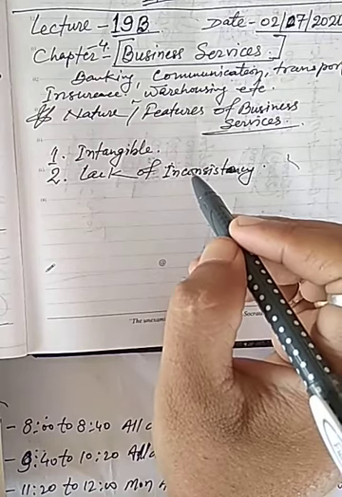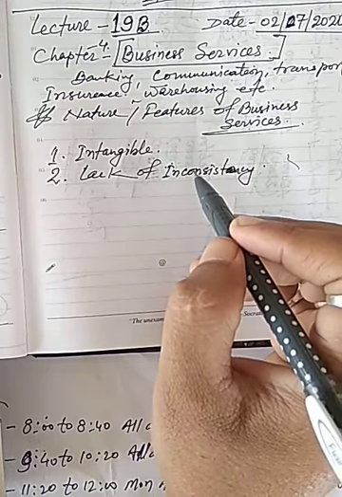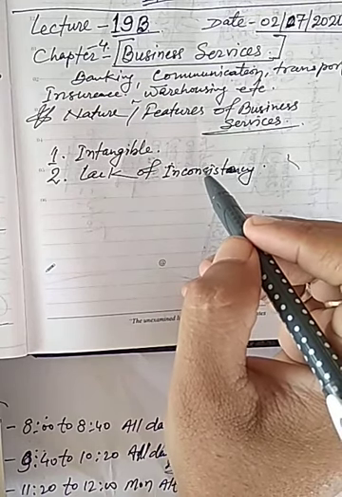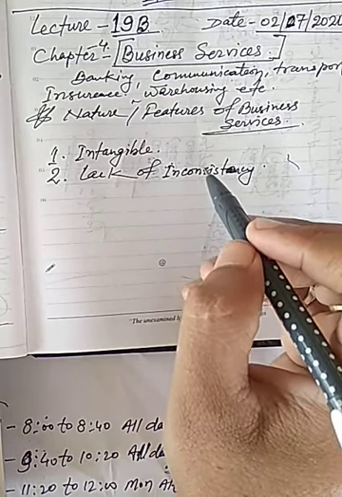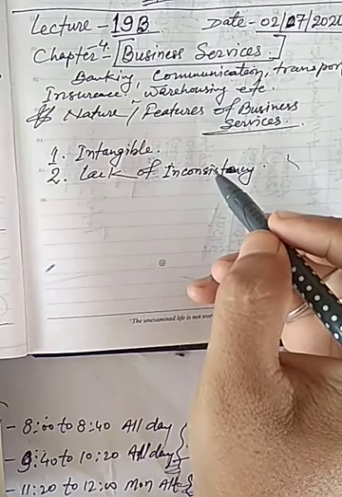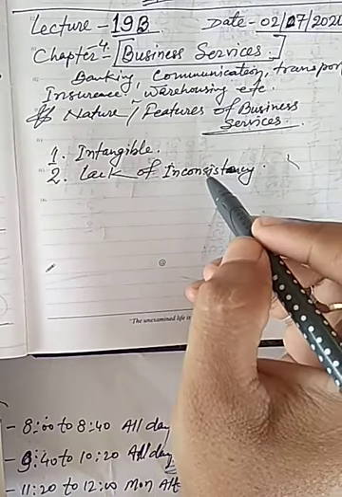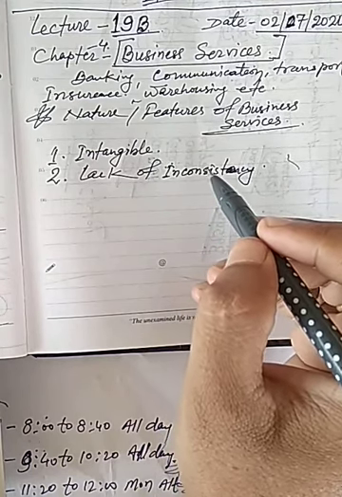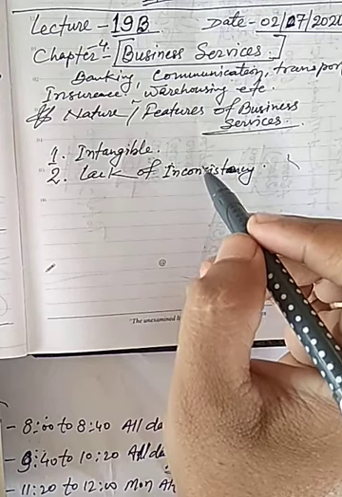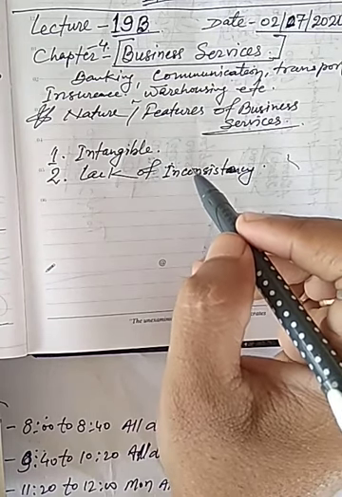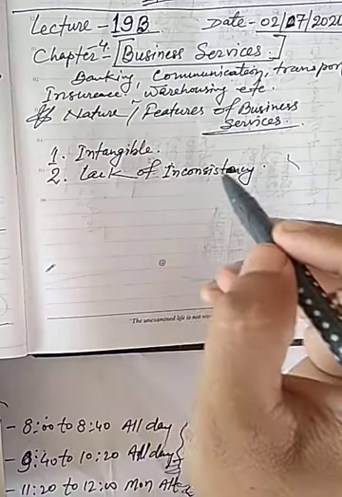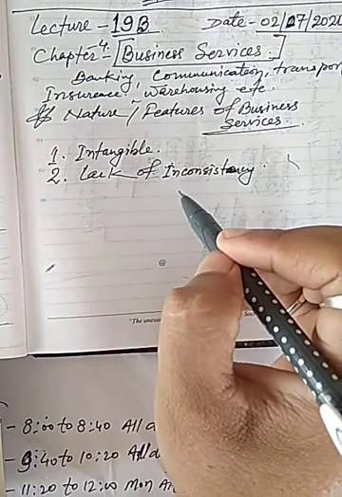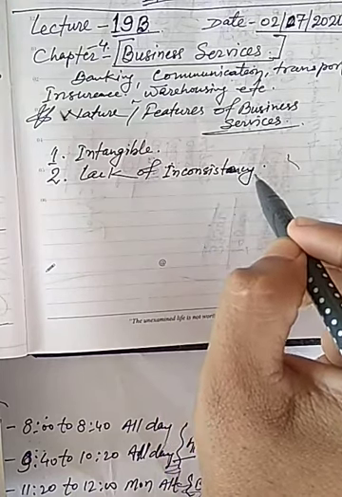The same services may be provided differently by different service providers. For example, the banking services provided by nationalized banks are quite different from the banking services provided by private sector or foreign banks. So, services lack consistency.